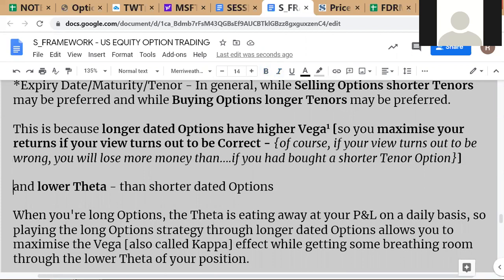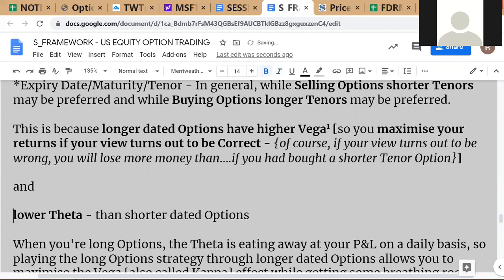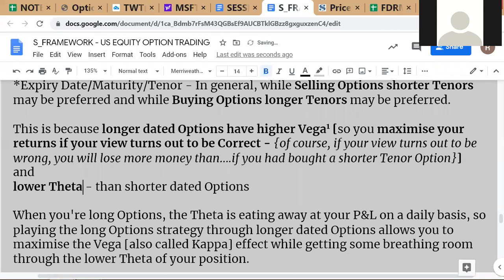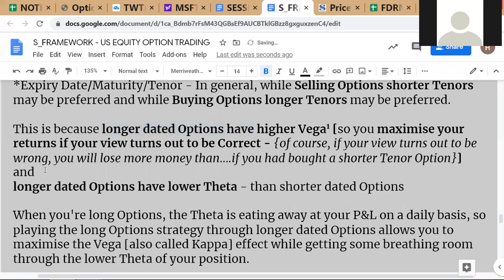And we'll put the 'and' here, and we'll write it like this: longer dated options have lower theta and higher Vega than shorter dated options. We'll break up the structure of the sentence, so these become two separate sentences that are complete in themselves.